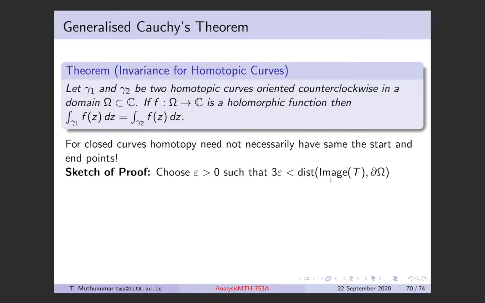Can you always do that? Yes, you can verify it for yourself as an exercise. The image of T is a compact set, and del omega is the boundary of omega, so they are disjoint. You can always put a ball between these two, of radius less than 3 epsilon or so. You can always do that because omega is an open set and this is a compact set inside the open set.